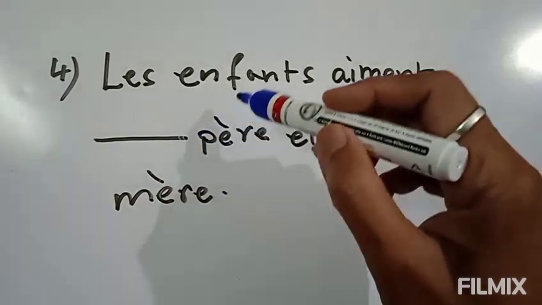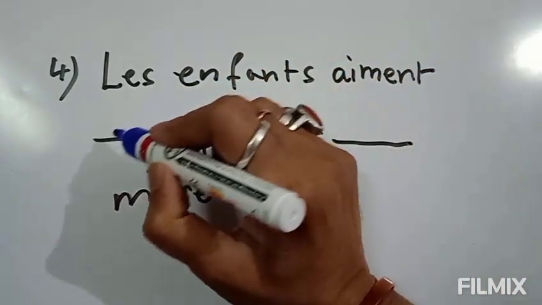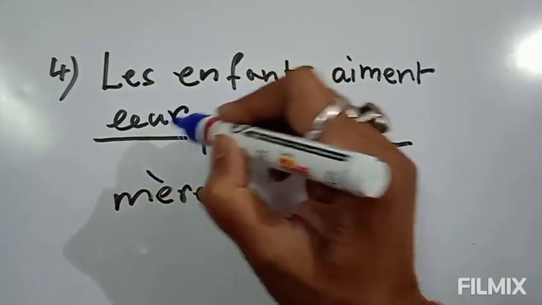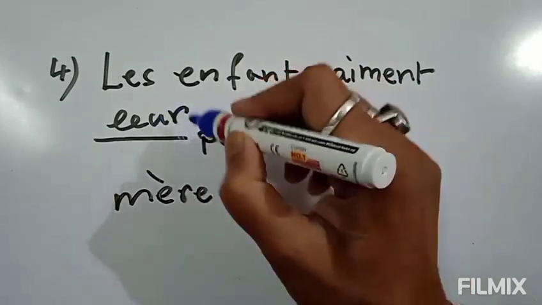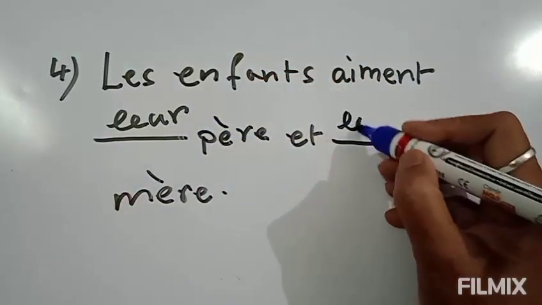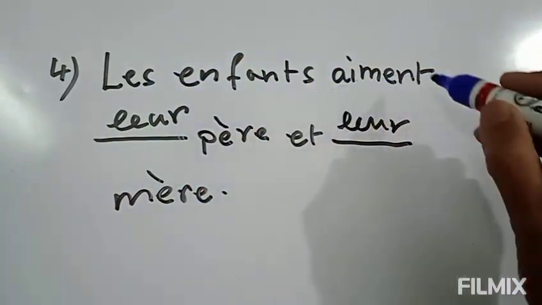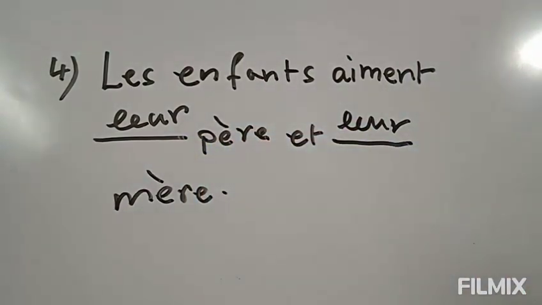So it is les enfants, and the noun is singular, so it will be leur. Plural owners, singular thing: leur, L-E-U-R. Here also L-E-U-R. Les enfants, the children love their father and their mother.